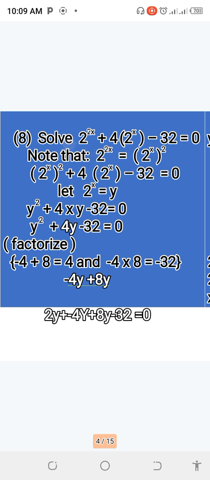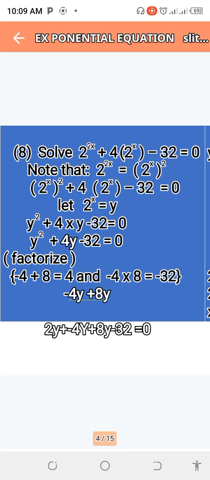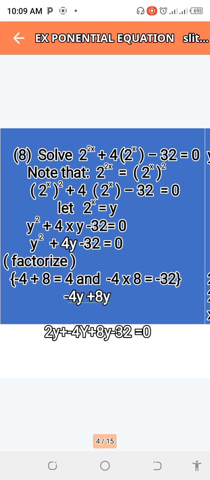Now, what to first of all note in this question is the first expression, which is 2 exponent 2x. 2 exponent 2x, this one, can be rewritten as 2 exponent x, brackets, exponent what? 2.